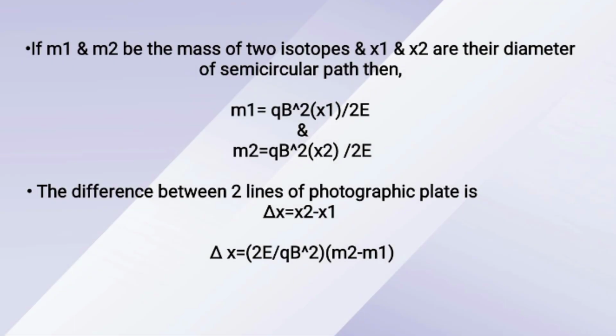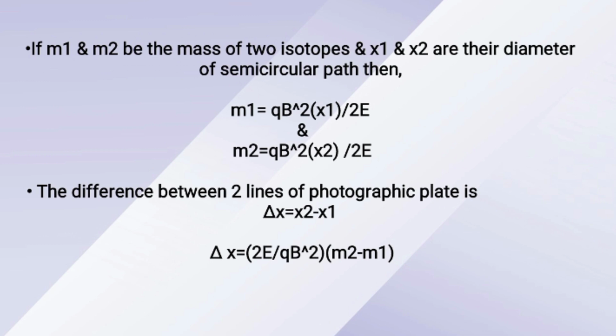If M1 and M2 are the masses of two isotopes and x1 and x2 are the diameters of the semicircular paths, then we can say that M1 becomes qB square x1 upon 2E and M2 becomes qB square x2 upon 2E.